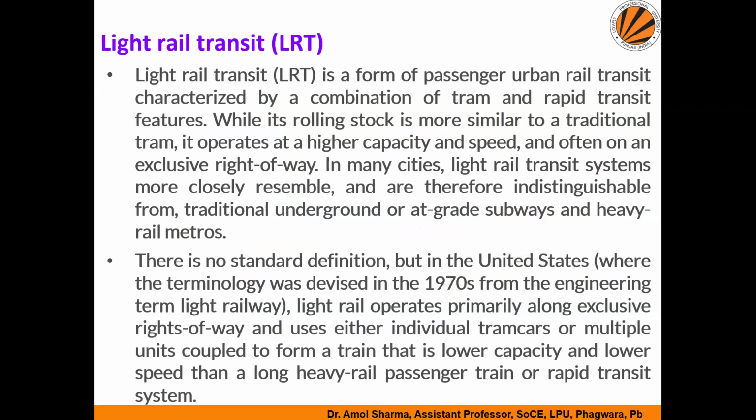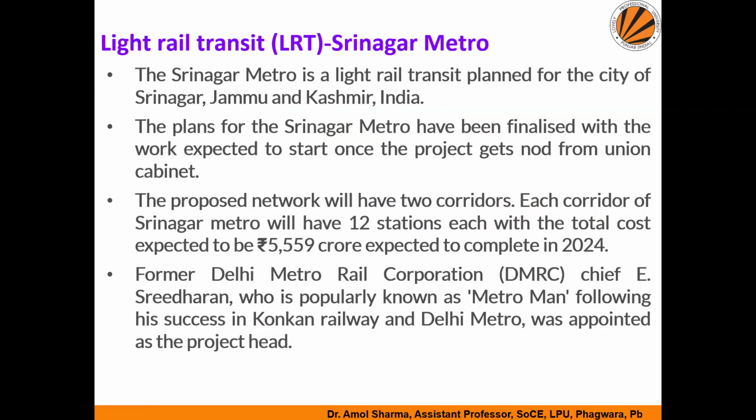Currently, India is planning to open its first light rail transit system in Srinagar, city of Jammu and Kashmir. The project has almost 12 stations and an approximate cost of 6,000 crore is expected, and it is expected to run its first phase by the end of this year, 2024.